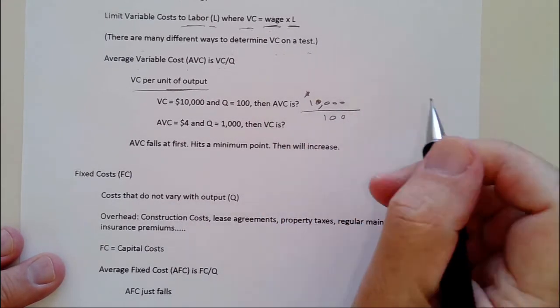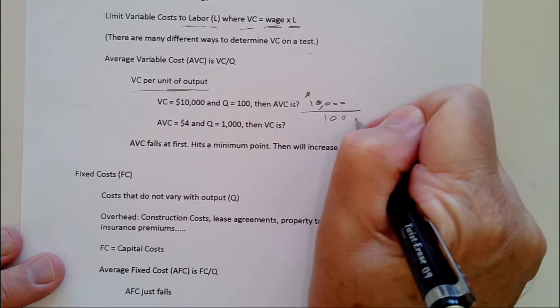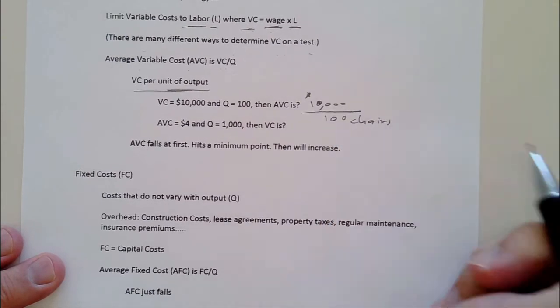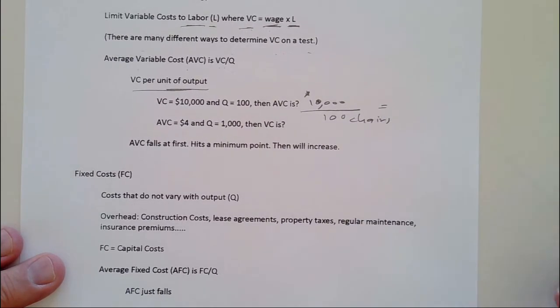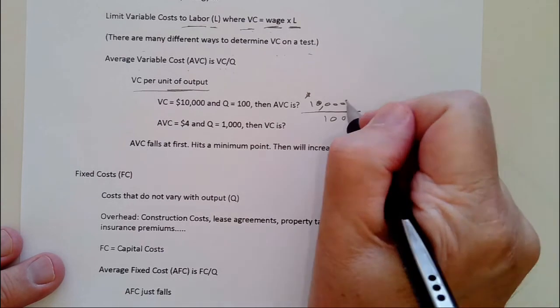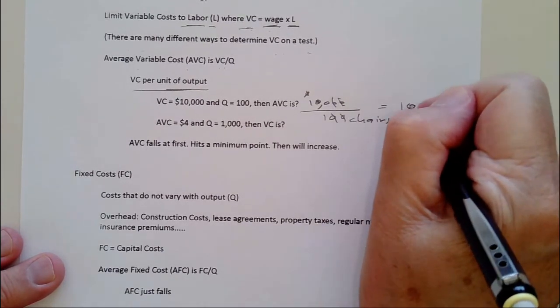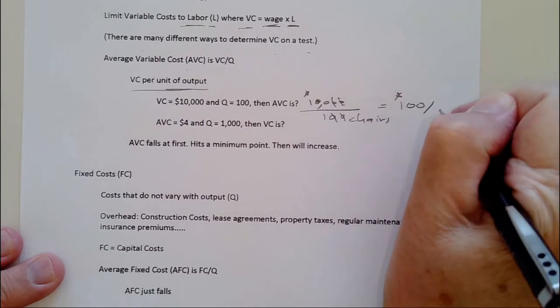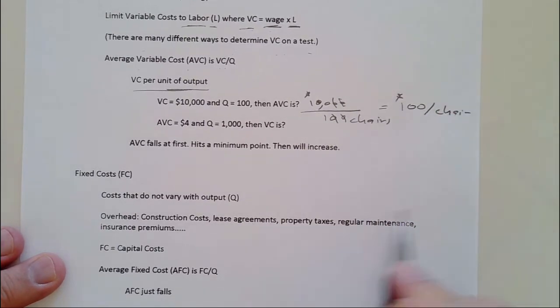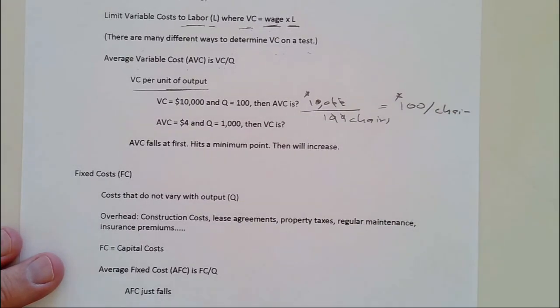Maybe we're making chairs again. Then 10,000 divided by 100 will give us $100 per chair. So every one of those chairs would have $100 of variable cost in it.